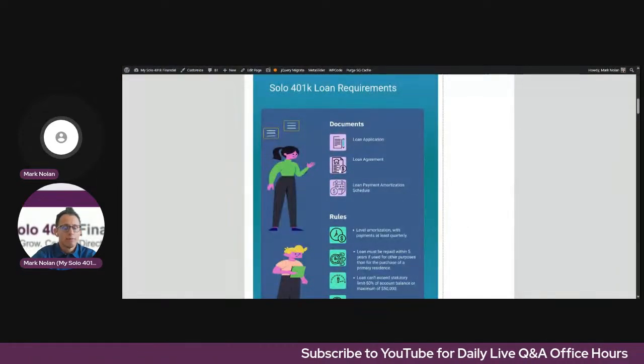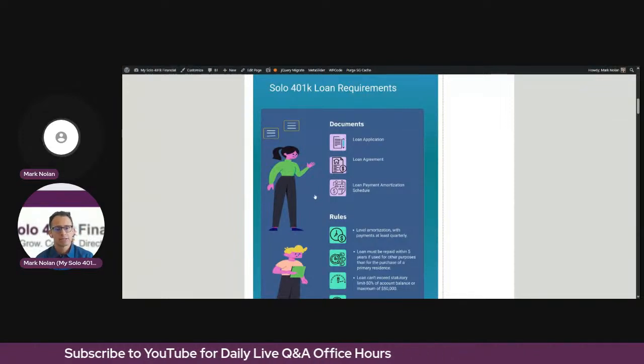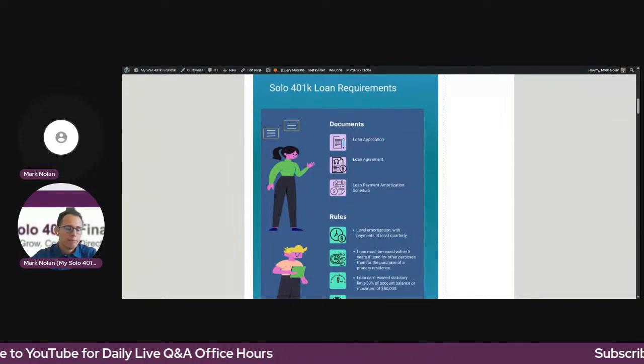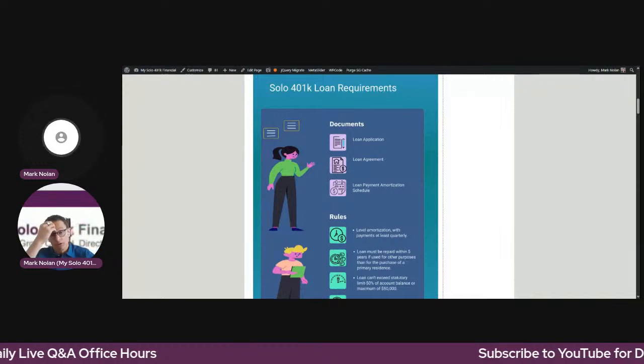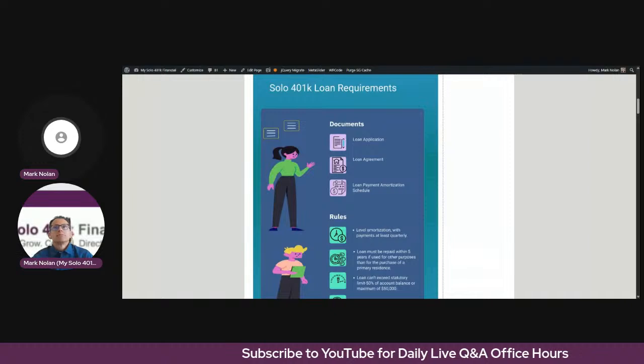So in order to borrow from a solo 401k plan, you must adopt a self-directed solo 401k plan from a plan provider such as my solo 401k financial, whose plan documents allow for loans.